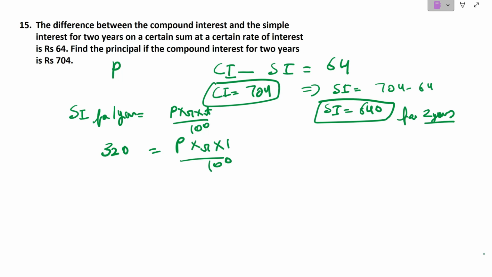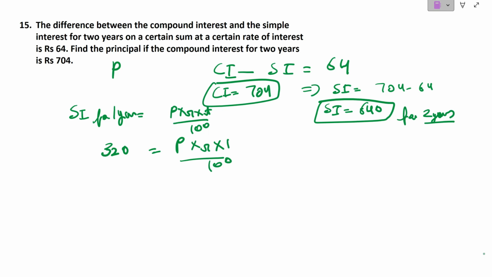Now what will we do? We have to think about this, because we need to know the R part in order to know the principal part of it. So what should we do now?